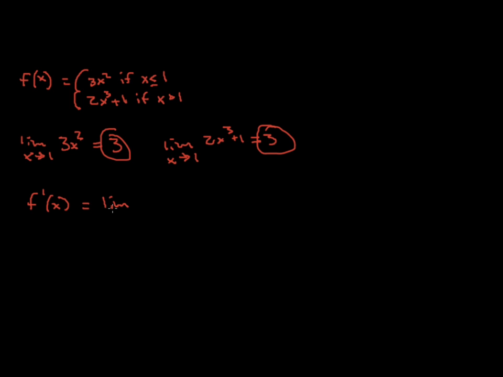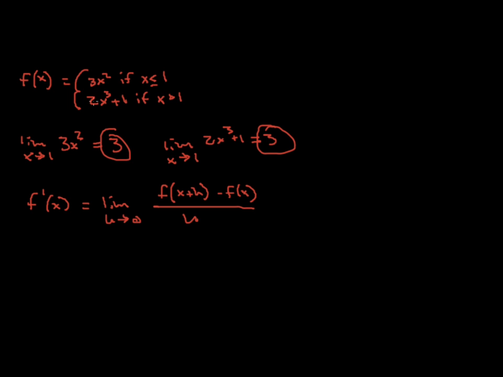So if we use our rigorous formula to find f prime of x, then we can find the derivative. So if we say limit as h approaches 0 of f of x plus h minus f of x all over h, and we plug this in here, then we will get the derivative. Now, before we start though, since we're trying to find the derivative at x equals 1, we have to choose one of these.